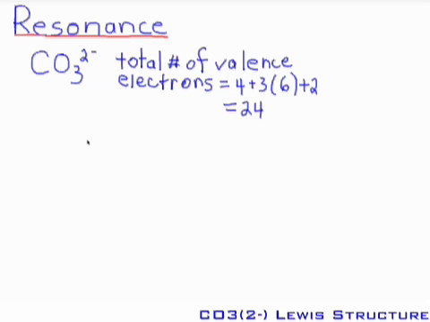So now we can draw our carbon, give it its 4 electrons. We can add our oxygens, which have 6. We can add an oxygen, which has 6.